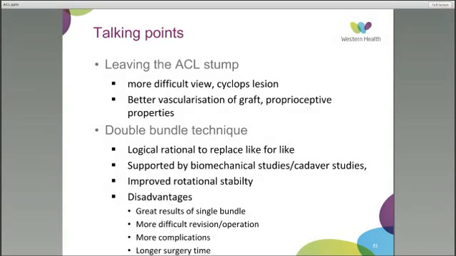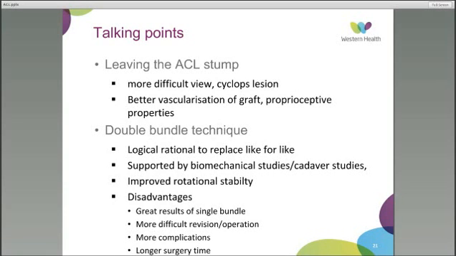The disadvantages are that there are already good results for a single bundle technique, and there's no randomised control trial showing that a double bundle technique does any better. It makes for a more difficult operation and more difficult revision surgery, and potentially for that reason has more complications and more donor site morbidity, and it also has a longer surgical time.